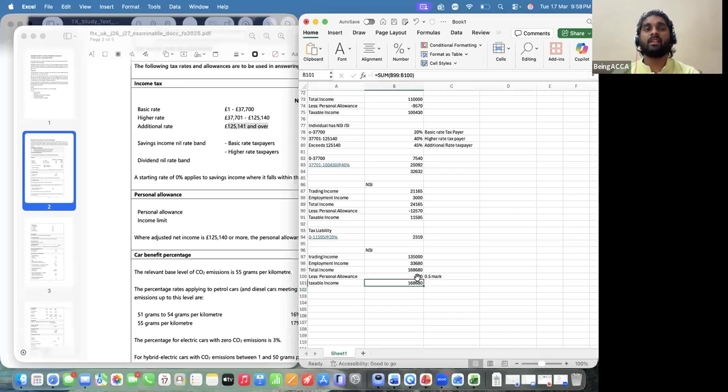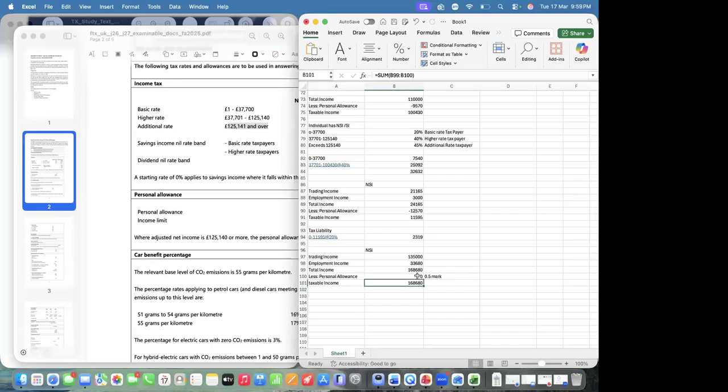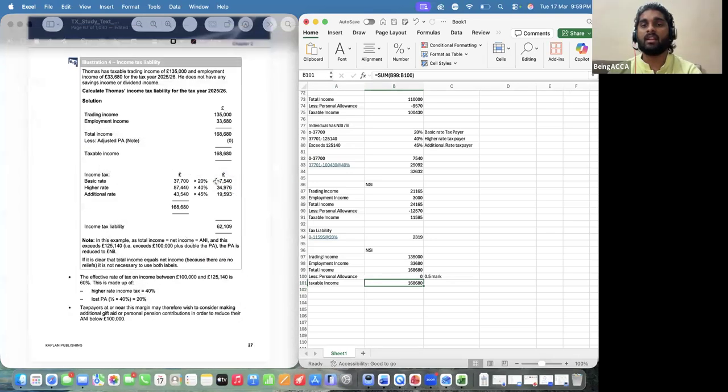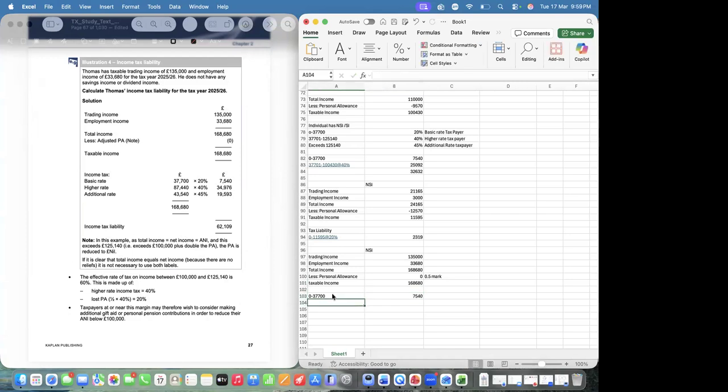So, is this person exceeding that one? Yes, sir. Yes, they are. So, because of that, we will have to take the additional rate as well into consideration. So, first we know 0 to 37,700 will directly be equal to 37,700 into 20%, correct? Yes, sir. This is sorted for us.